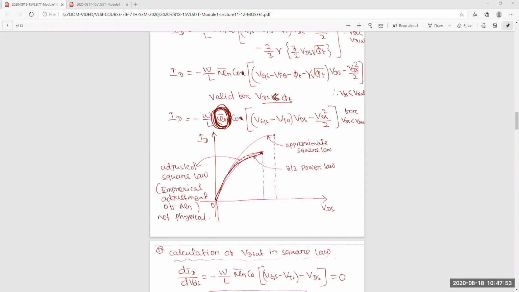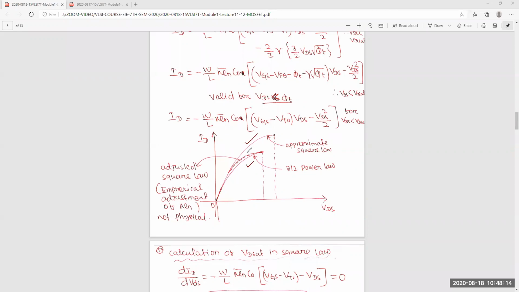That means we have to use some smaller mu n. That is the empirical adjustment. So finally, this is your square law, this is your power law, and the final curves you will get like this.